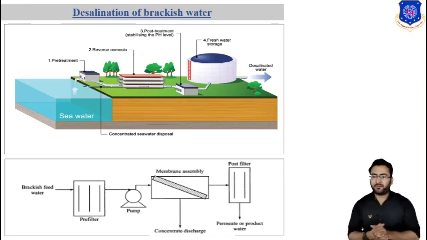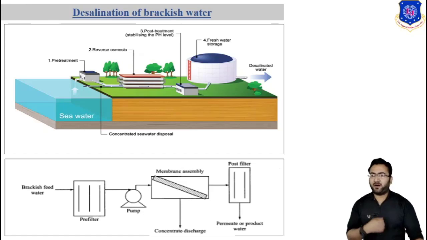In brackish water, where the content of sodium chloride is much less than seawater, a lower osmotic pressure must be overcome for desalination. The reverse osmosis process is also used in conjunction with microfiltration to produce ultrapure water for the manufacturing of semiconductors.